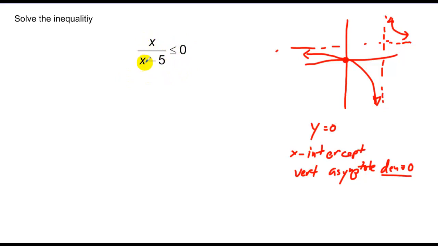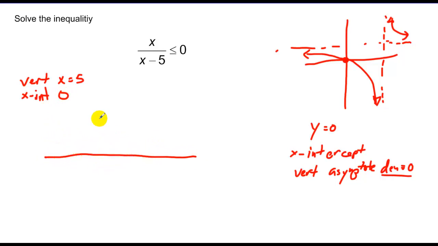I know I have a vertical asymptote at x equals 5, and I know I have an x-intercept at 0. So what I'm going to do is go back to a number line and look at those two, which are called critical numbers.